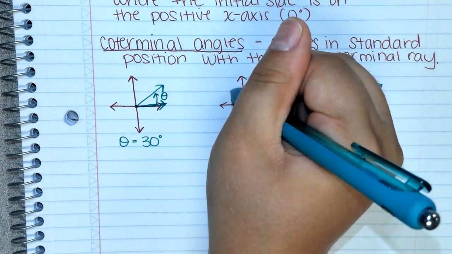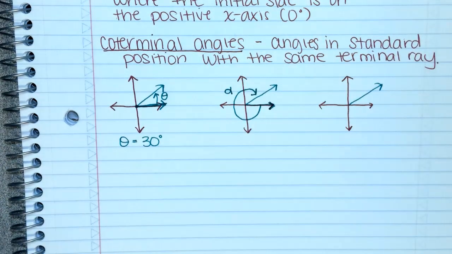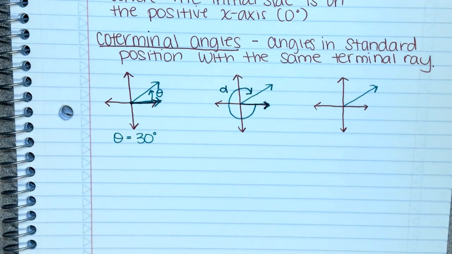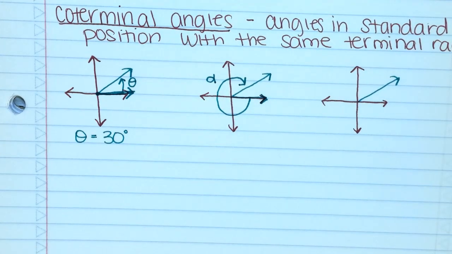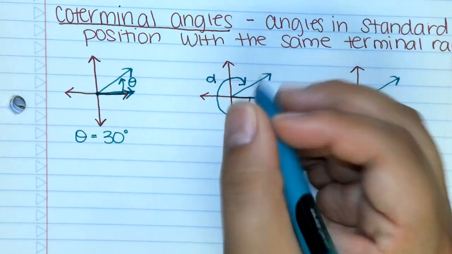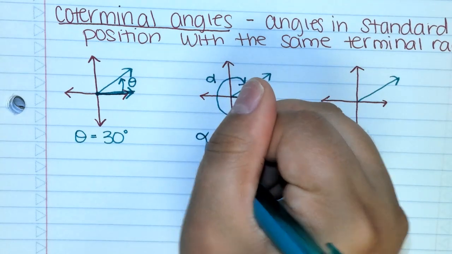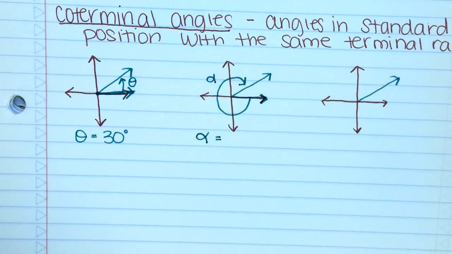Let's call this alpha. Anybody want to guess how many degrees alpha is? 330 is very close. It's actually really far from the actual answer, but super close.